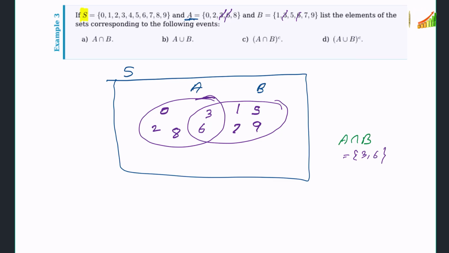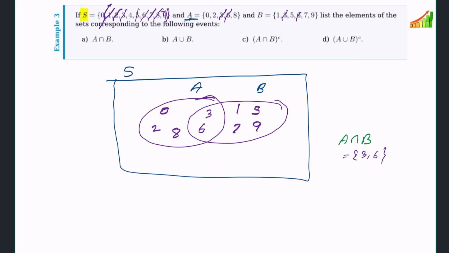We need to consider now the sample space. Now check both circles. We have 0 and 2 and 1, 5, then 9, 7, 8, 6, 3.